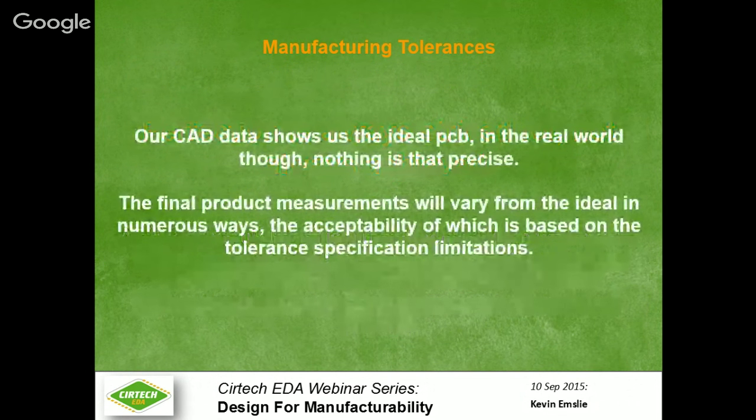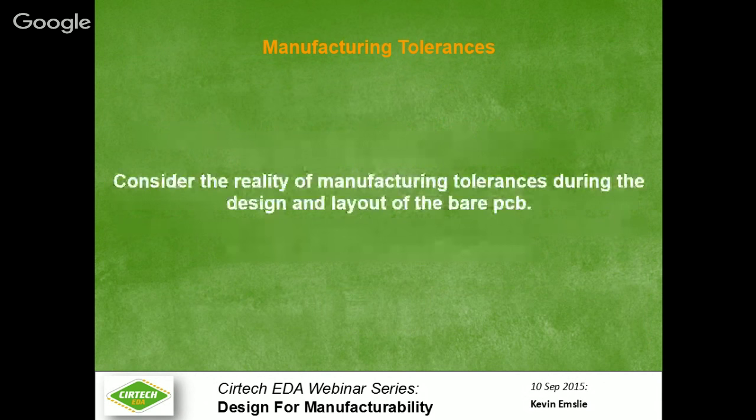Now, CAD data shows us an ideal PC board. Everything is lined up nicely, but in the real world, nothing is that precise. So the final product measurements will vary from the ideal in numerous ways, the acceptability of which is based on the tolerance specification limits. So consider the reality of manufacturing tolerances during the design and layout of your bare PCBs.